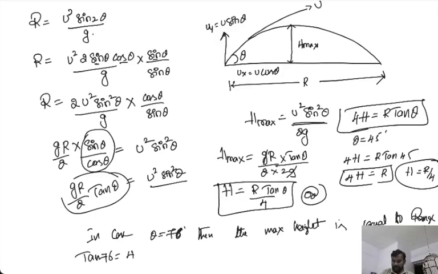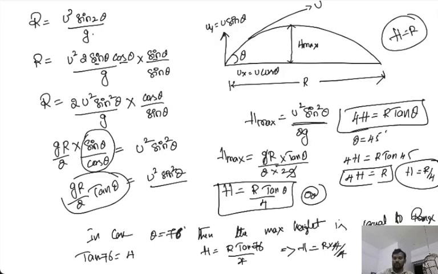Then you write h is equal to R tan 76 divided by 4. At that time you write h is equal to R into 4 by 4. Then 4 gets cancelled. Then finally the answer is h is equal to R.